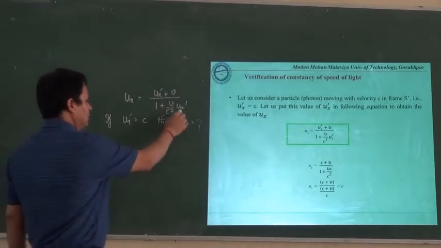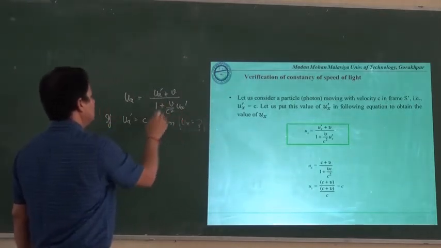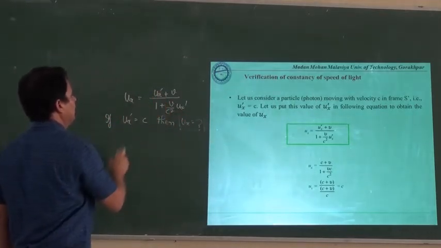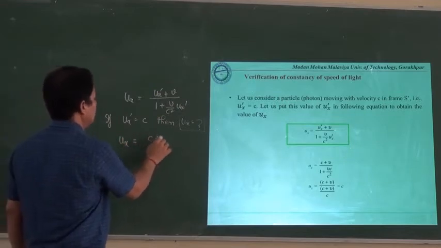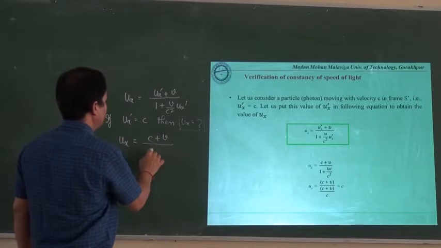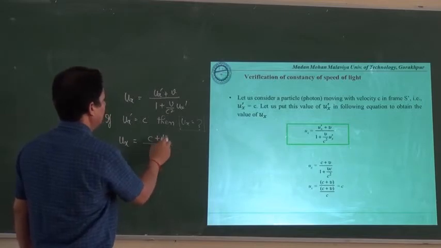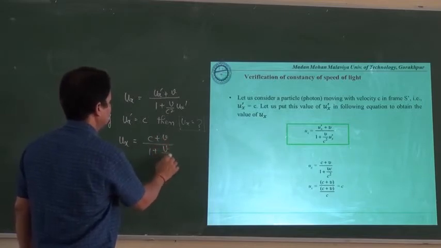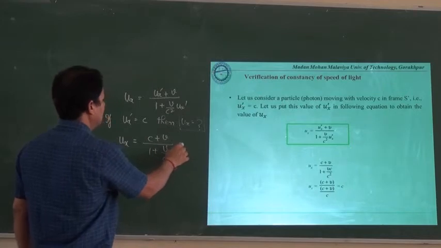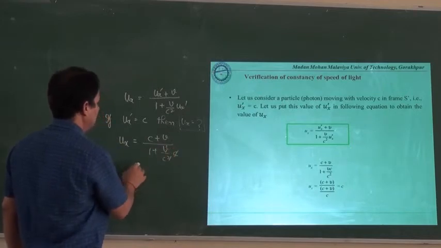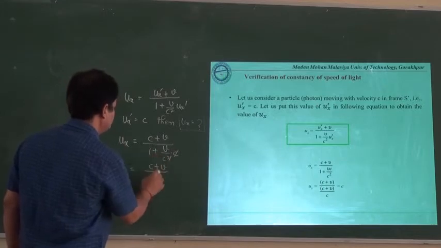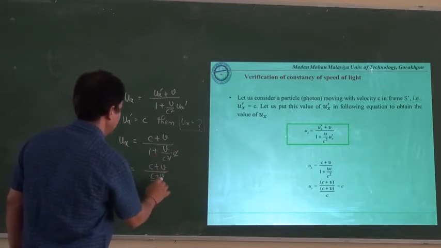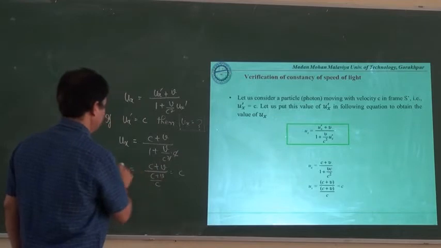So in order to examine this, let us put the value of ux dash here. ux is equal to c plus v divided by 1 plus v upon c square into c, and the c will cancel out, and here we will have c plus v divided by (c plus v) divided by c, and finally it is equal to c.